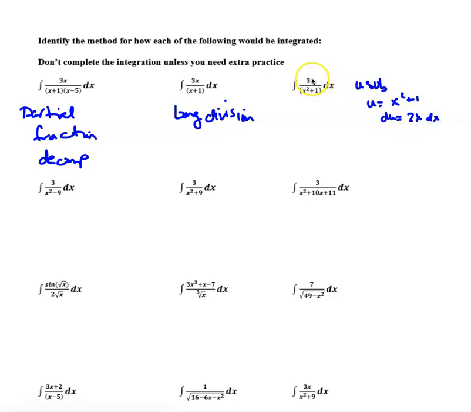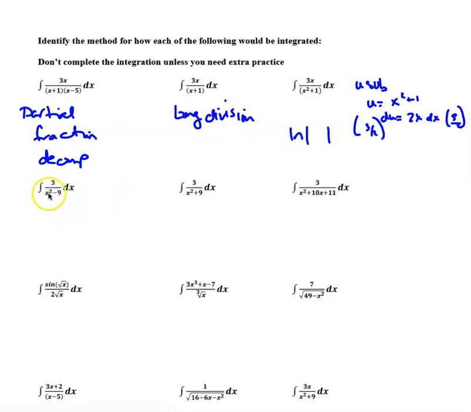And what I would have to do to match it to this 3 is multiply both sides of the equation by 3/2. And what's going to end up happening is when I integrate this, it will go to a natural log. Okay, so don't believe that every time you see an x squared plus 1 in the denominator, it has to be arctan, because this 3x in the numerator undoes that.